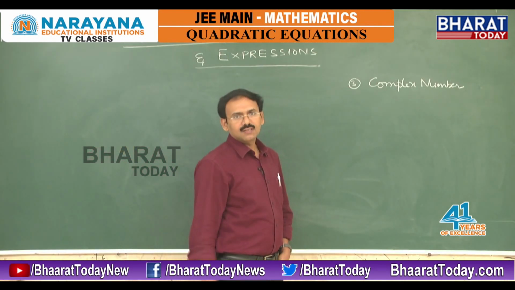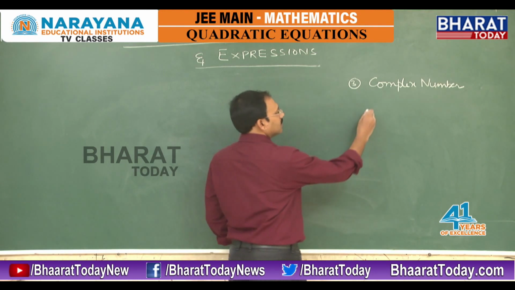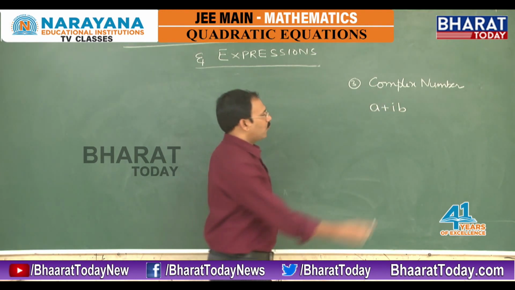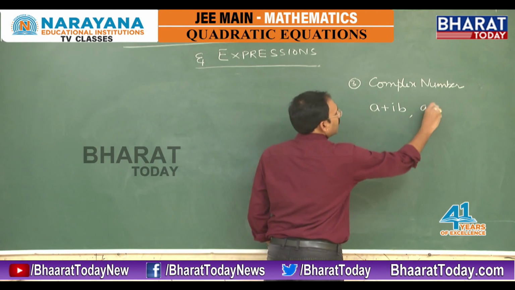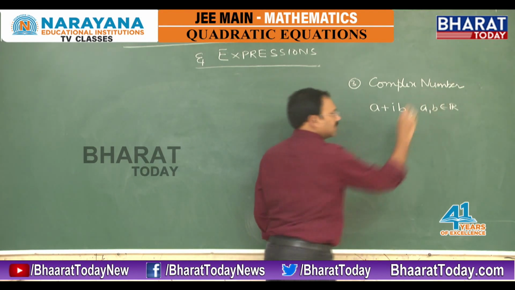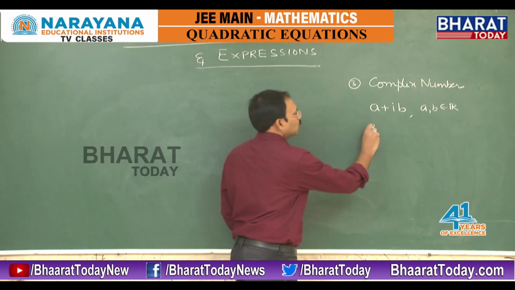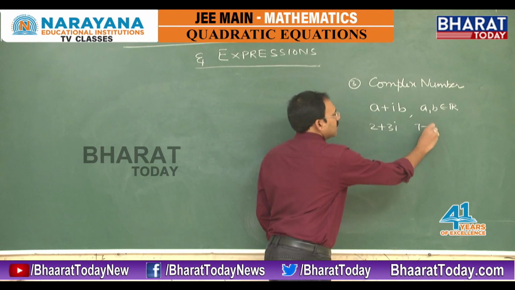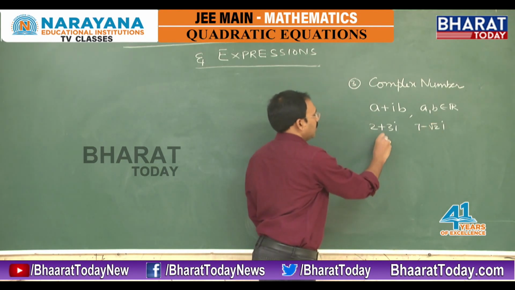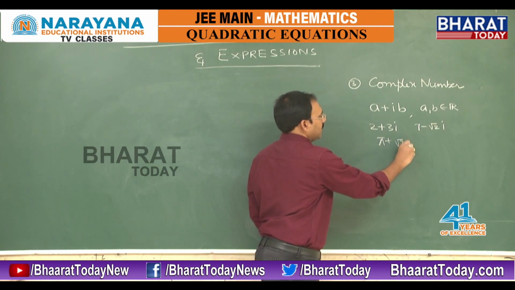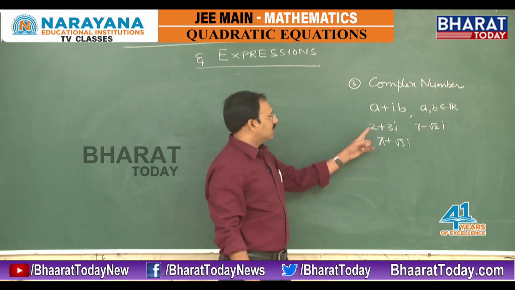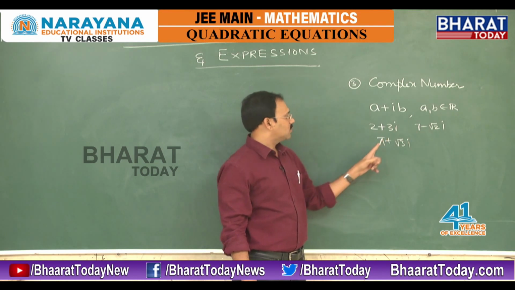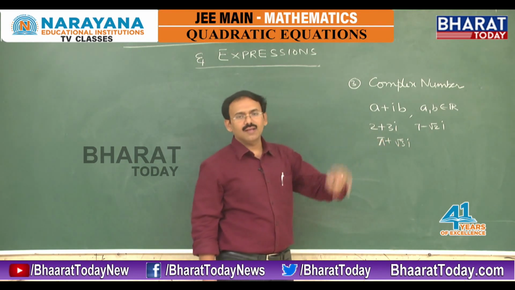We know that a complex number is defined as a plus ib, where a, b are any two real numbers, like 2 plus 3i, 7 minus root 2 i, pi plus root 3 i. These are all complex numbers where 2, 3, 7 minus root 2, pi, root 3 are real numbers.